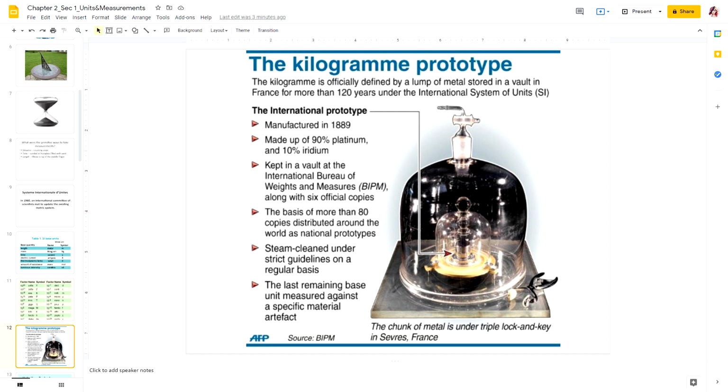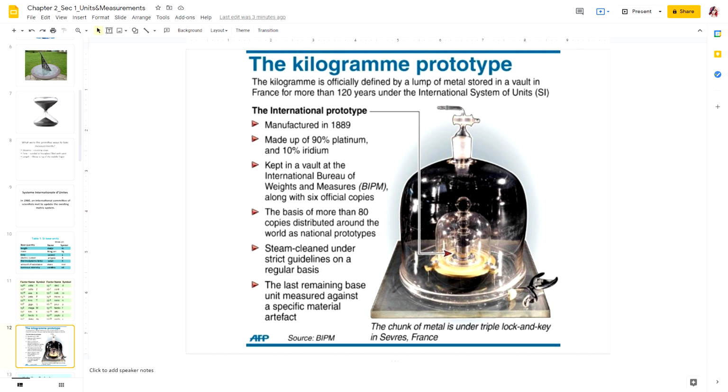It is kept in a vault at the International Bureau of Weights and Measures, BIPM, along with 6 official copies, the basis of more than 80 copies distributed around the world as national prototypes. It is steam cleaned under strict guidelines on a regular basis, and is the last remaining base unit measured against a specific material artifact. It says there the chunk of metal is under triple lock and key in Sèvres, France.